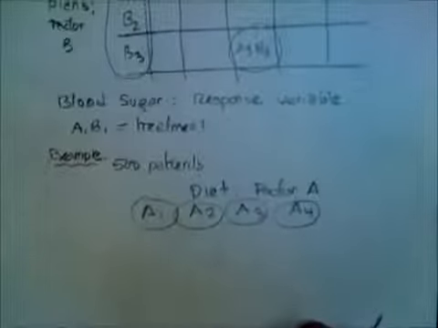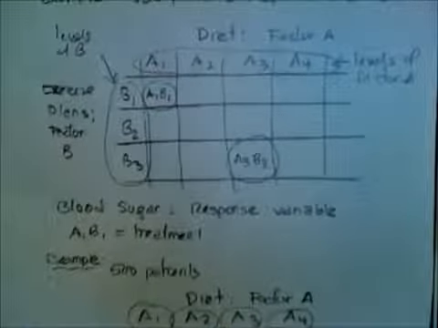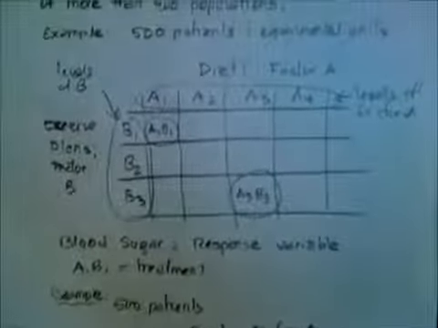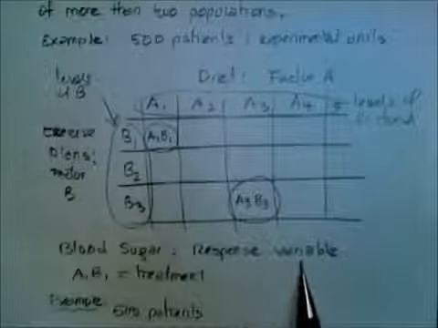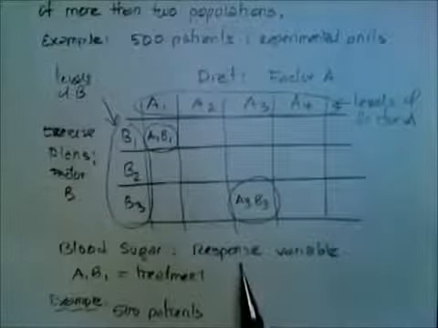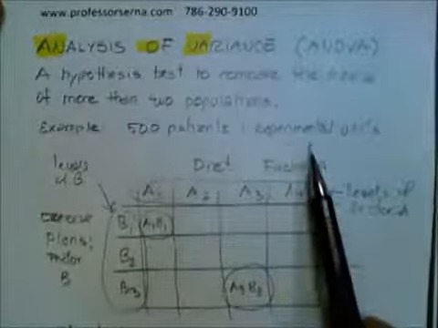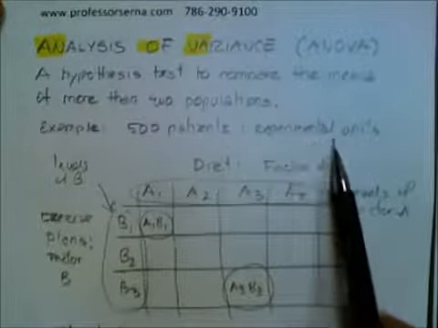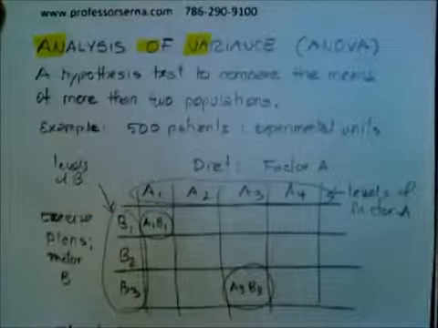Okay, so in your textbook, whatever textbook you're using, you will probably have an explanation of all these terms. What is the response variable? That is the variable that we are interested in measuring. What are the experimental units? The people or subjects on which the response is measured.